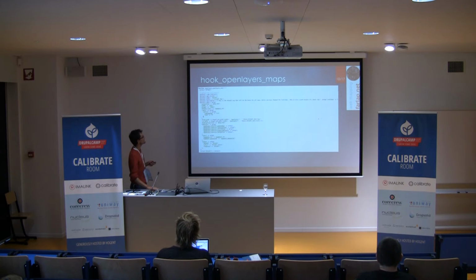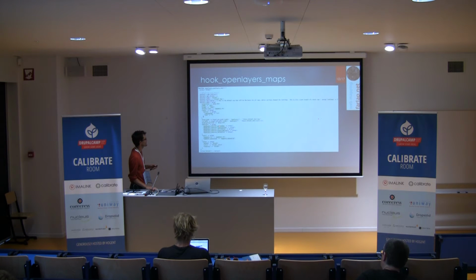And this is how it looks, this hook open layers maps. So you can see that if you define a new map, you have to give it a name. The default map that I took here as an example. Then you define these properties. You specify the projection. You tell the system what is the default layer. You tell the map, voila, when you open at first, you will be centered at 0,0. You define a lot of behaviors for this map.